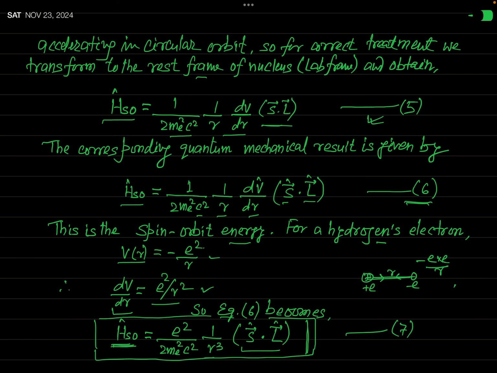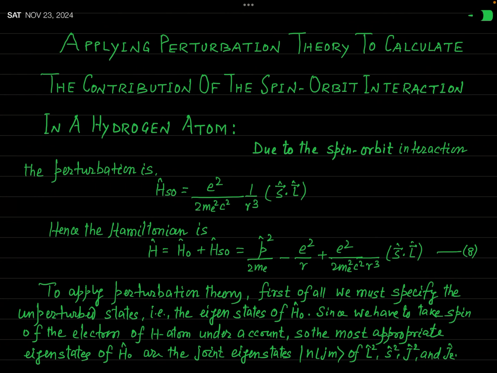Okay, and that energy correction will lead to the fine structure of the hydrogen spectrum. So now let us proceed to apply perturbation theory to calculate the contribution of the spin orbit interaction in a hydrogen atom.